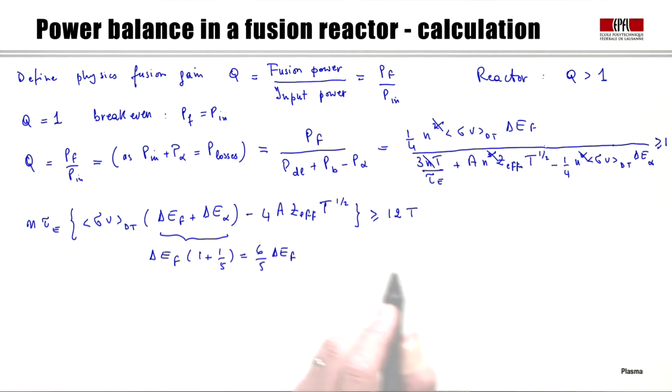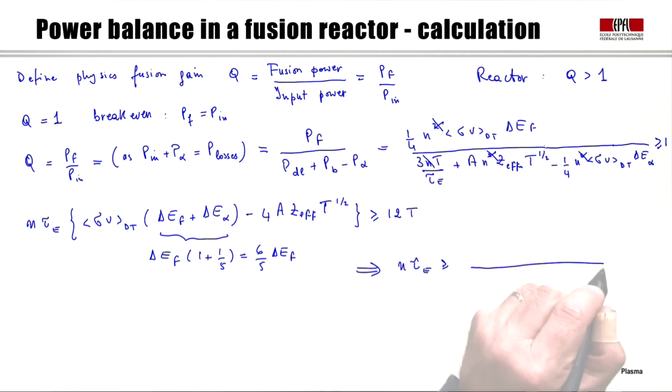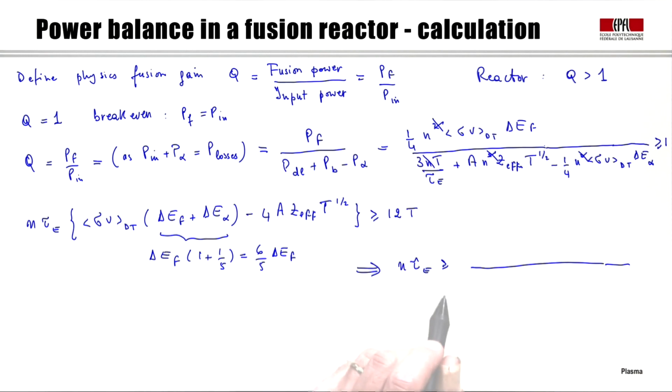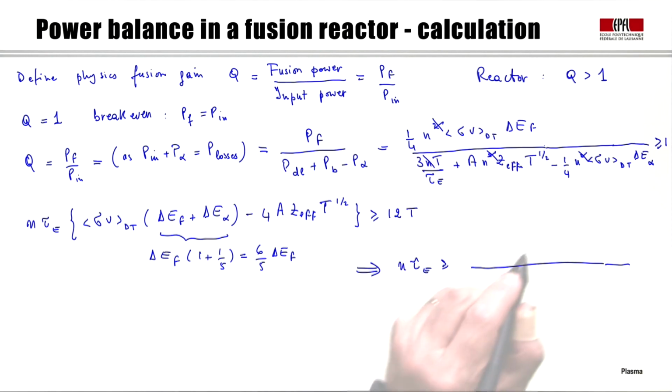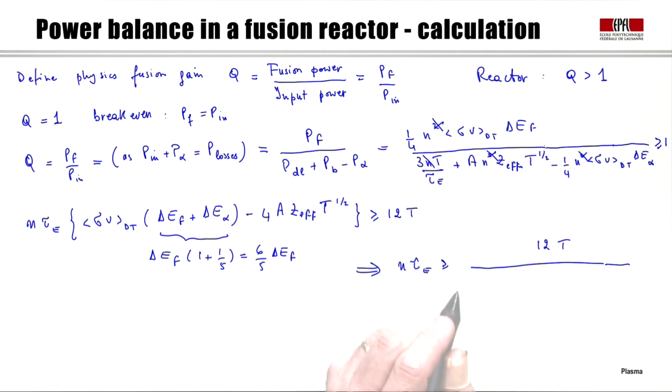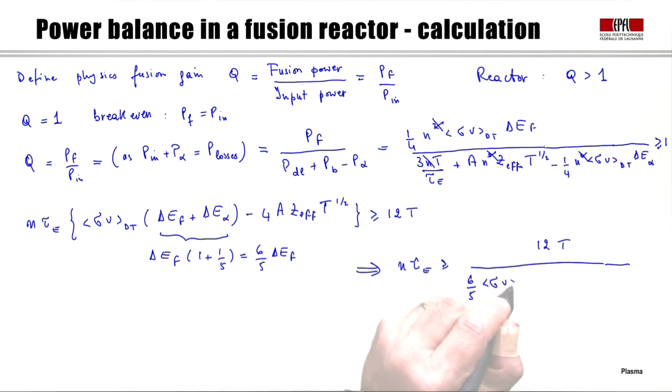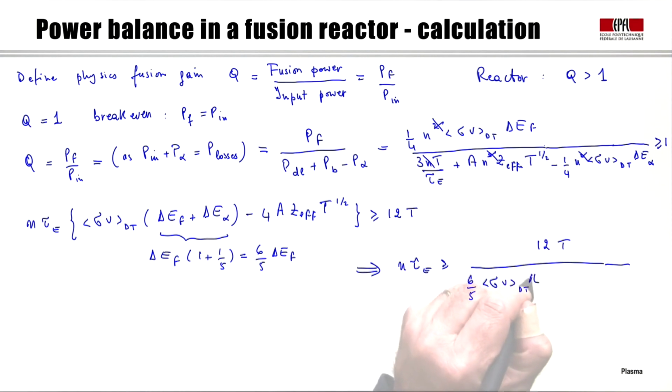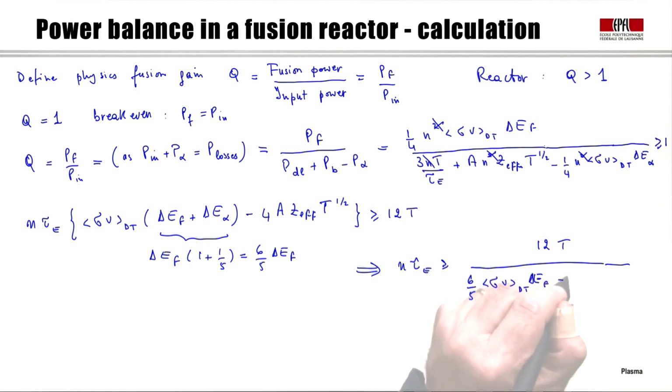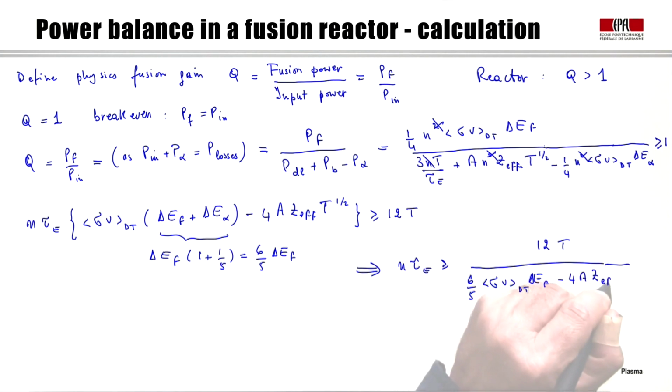I can therefore write n times tau E in a more complex way and impose that it be equal or bigger than 12 times the temperature divided by 6/5 times the reaction rate times the energy produced in a single reaction, minus the Bremsstrahlung term.